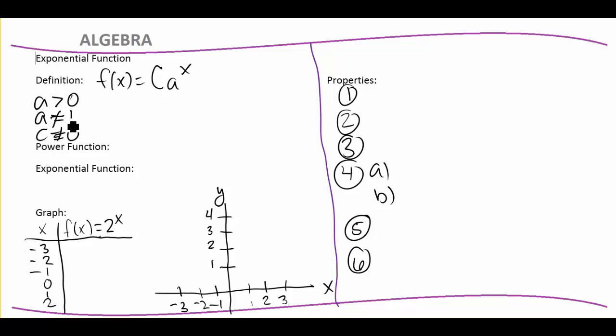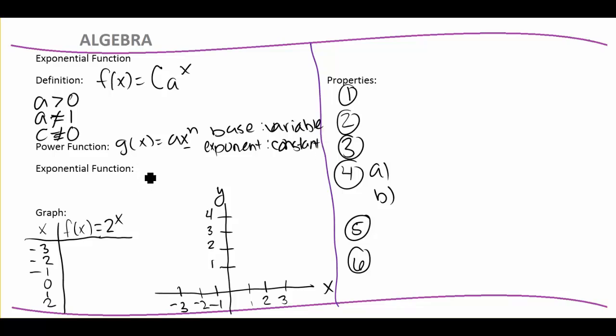It is important to distinguish a power function, which we know is of the form g of x equals a x to the n, where n is an integer greater than or equal to 2, from an exponential function. So in a power function, we know that the base, as we can see here, is a variable, and then the exponent is a constant.